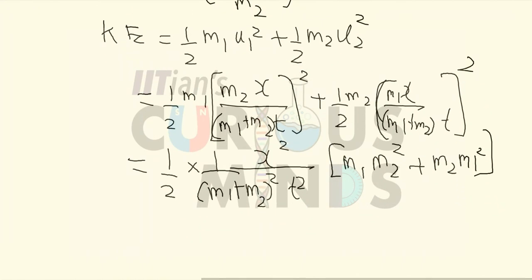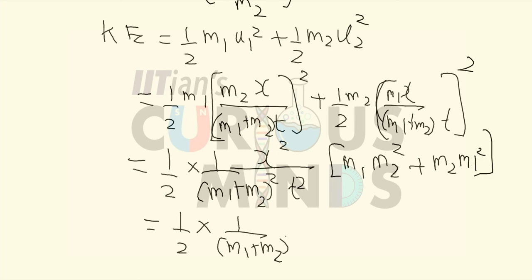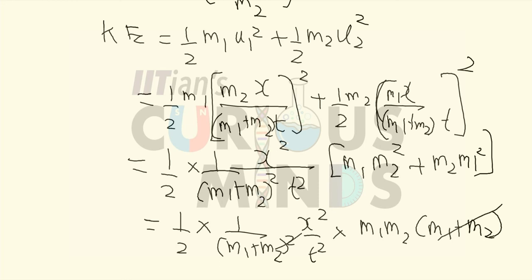So basically it will come out to be half into 1 divided by m1 plus m2 the whole square, into x square divided by t square, into m1 m2 common, and the remaining part will be m1 plus m2. So this term and this term, one square, will get cancelled out.